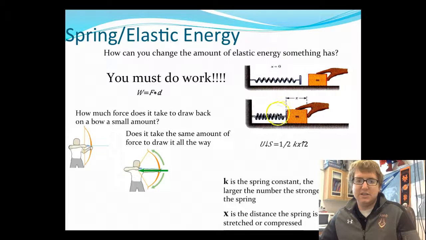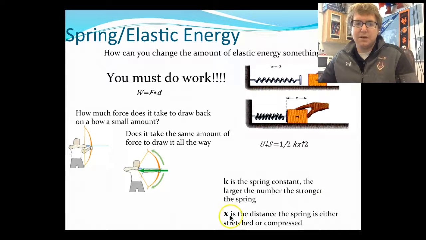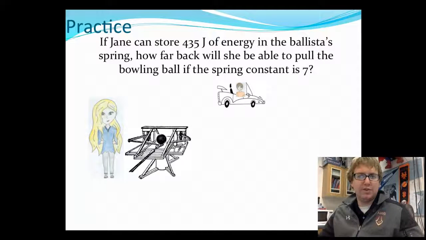X is the distance that the spring is compressed. Let's look at a practice problem with Jane. If Jane can store 435 joules of energy in the ballista spring, how far back will she be able to pull the bowling ball if the spring constant is 7?